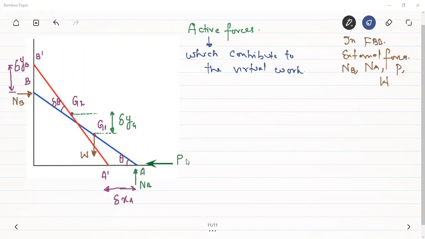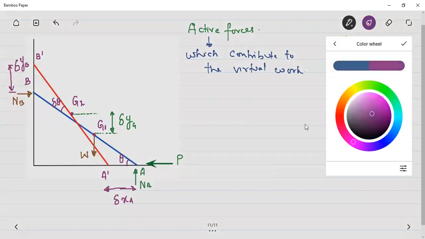But see here, this P is in the x direction, and the displacement is also in the x direction. Whether positive or negative, these are along some particular axes. That is, the force P is horizontal and the displacement delta xA is also horizontal. Therefore, this P will be contributing to the virtual work.